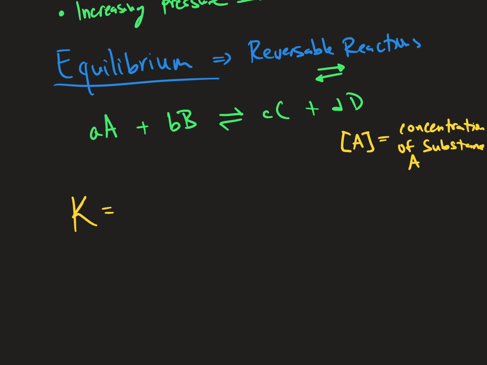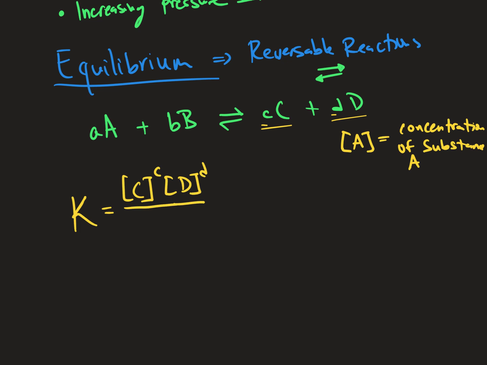All right, so here is the formula that you're going to have to know for the equilibrium constant K. It is the concentrations of the products raised to the coefficients of those products as powers. Does that make sense so far?